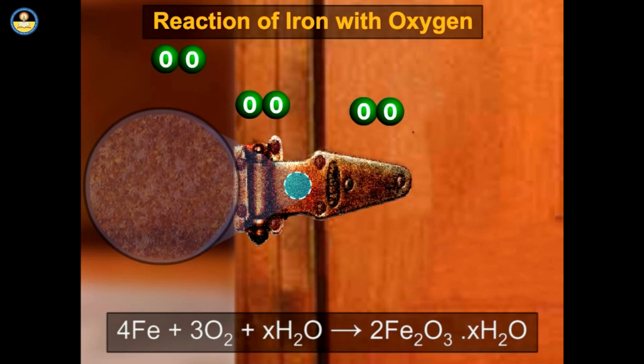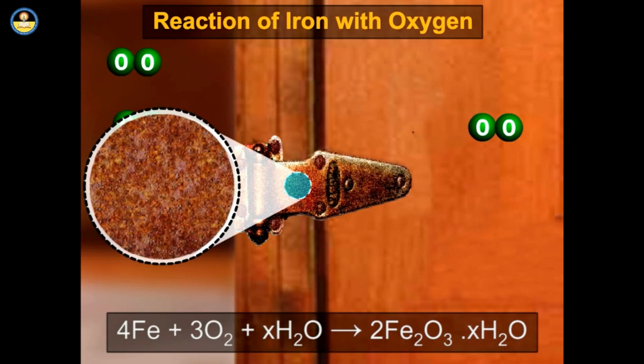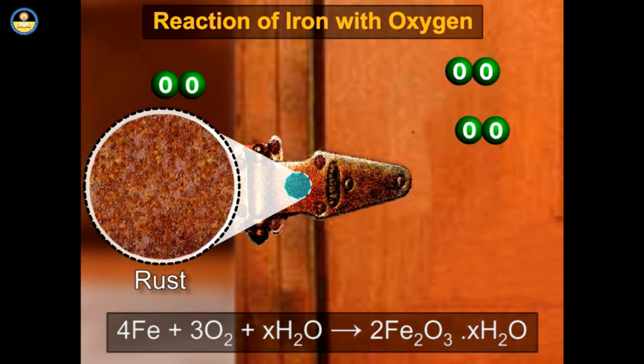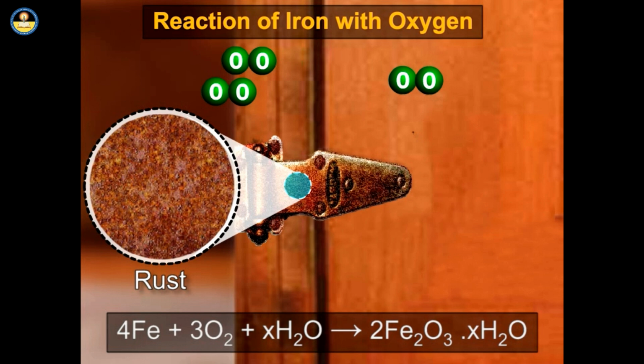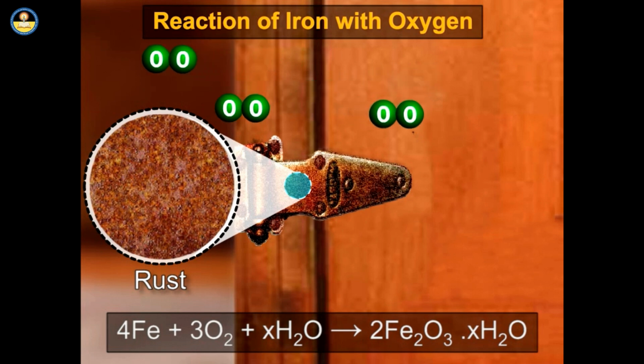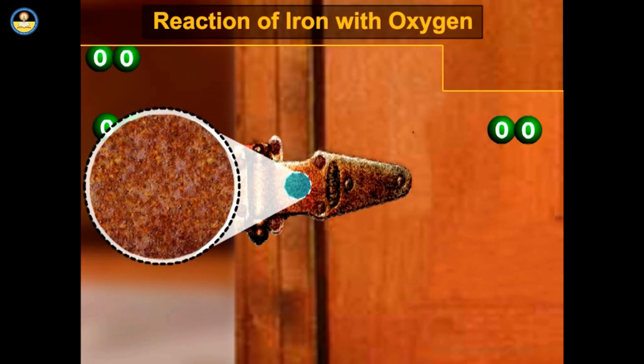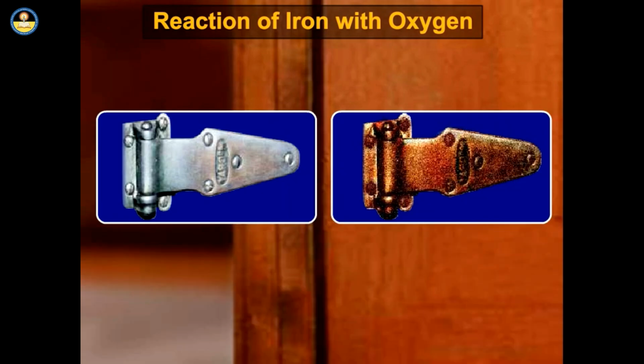This brown-colored hydrated ferric oxide is also known as rust. It is not uniform and does not stick evenly to the surface of iron metal. Due to its non-uniform nature, it is unable to protect the inner surface of iron from further reaction with atmospheric oxygen. Have a look at the difference between the corroded and the original product.